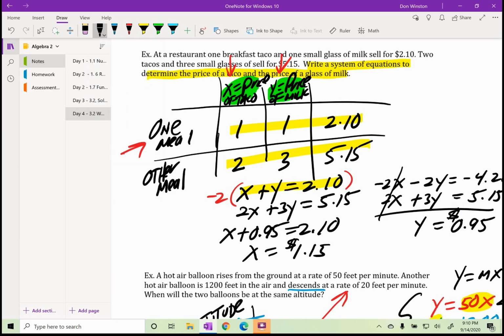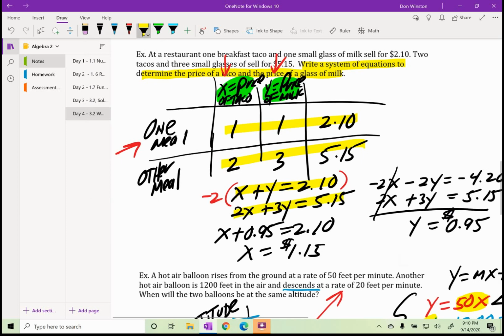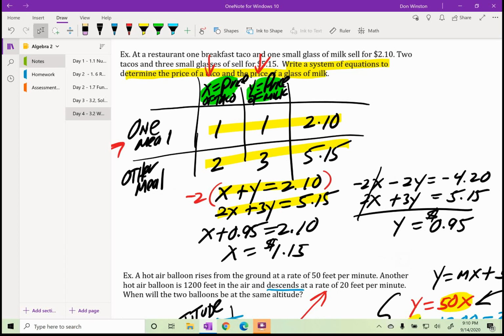Okay, x plus y is equal to 210, and then 2x plus 3y is equal to 515. So that comes directly from the table. And then I used elimination. Okay, I multiplied the top equation by -2, and I got -2x minus 2y equals -410. And then I added, I got y is equal to 95 cents. So I know what y is.